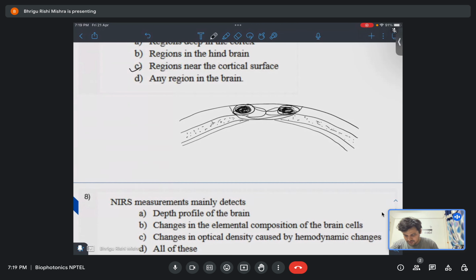This one is the subarachnoid space. These are the lights; this is the light source.